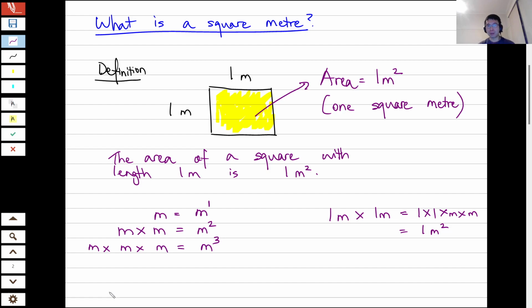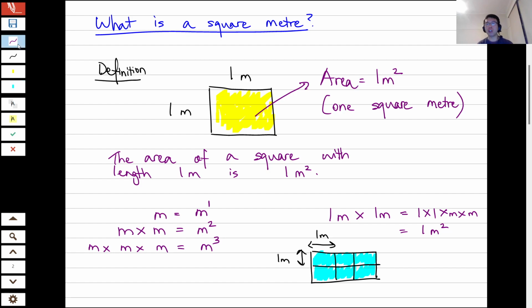So, for example, if I gave you another shape, something like this, where each box was 1 meter by 1 meter, and I wanted the total area of this shape, what I could do is count the number of squares.